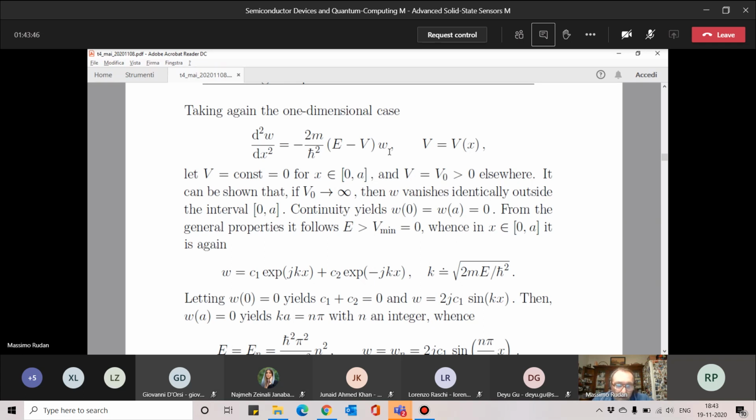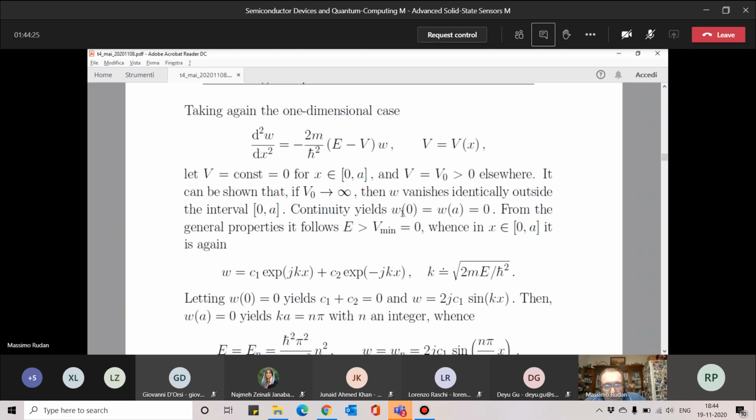But there is a fundamental difference, and the fundamental difference is that the wave function vanishes outside the interval between 0 and a. But you remember the wave function is continuous, so it must be also equal to 0 at the boundary. So we have the additional information, that was not available for the free particle, that psi of 0 and psi of a are 0.